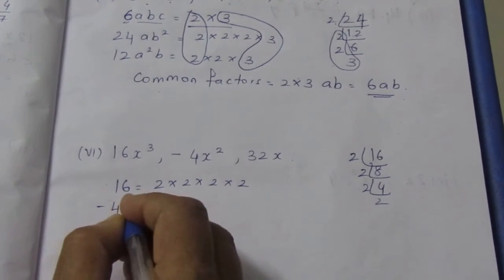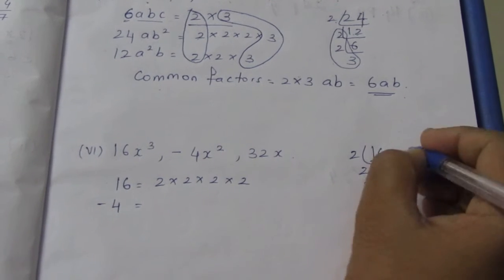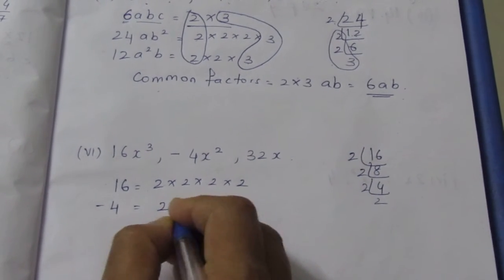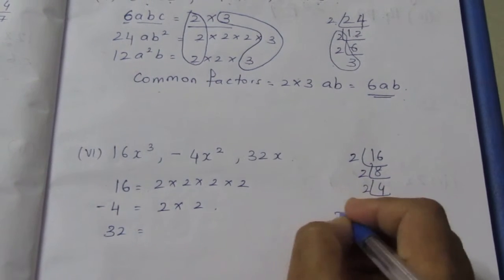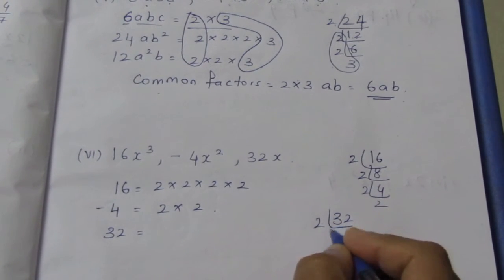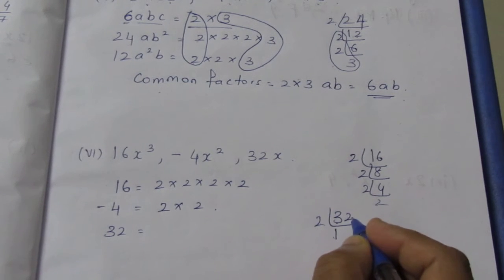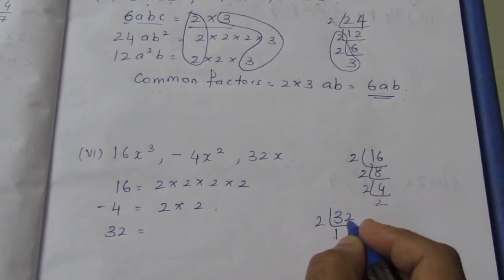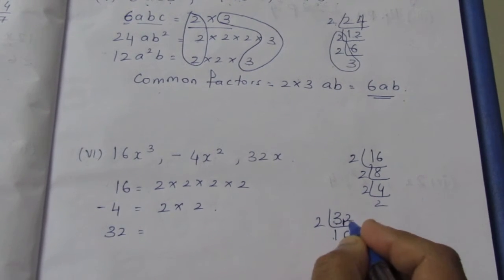For minus 4, leave all the signs, just write the numbers. We know that for 4 it is 2 into 2, and for 32 again it goes in 2 tables.